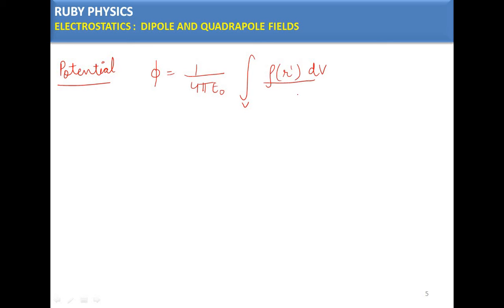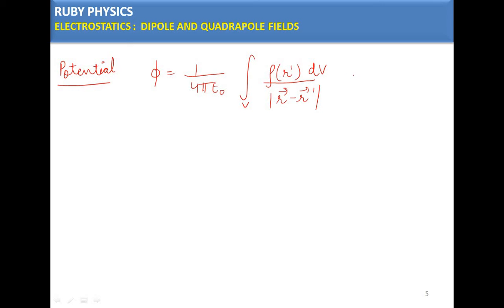Now you should know how to write the potential. Potential can be written as phi is equal to 1 upon 4 pi epsilon naught integration rho of r dash dv divided by the magnitude of r minus r dash.